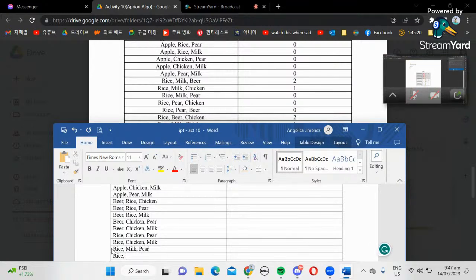Nakakatulog. Nako JM, hindi na kita kakalbuhin. Okay? Nako talaga naman. Oo, actually the truth is yung climate natin for today and most especially yesterday talagang pang bedroom ang climate kahapon at ngayon.